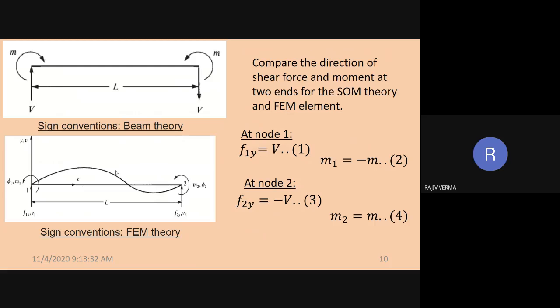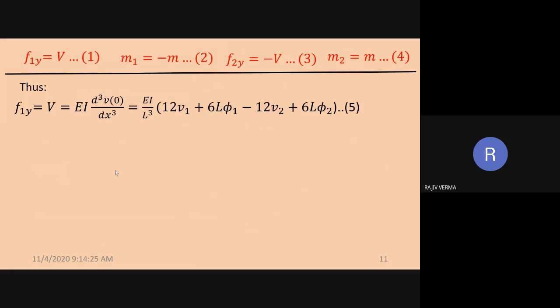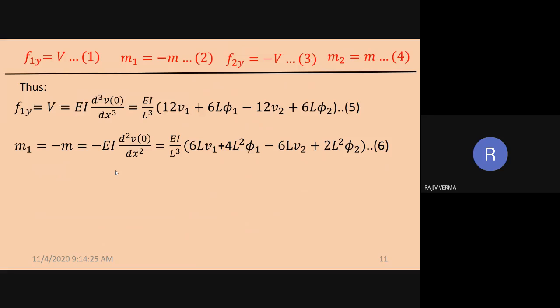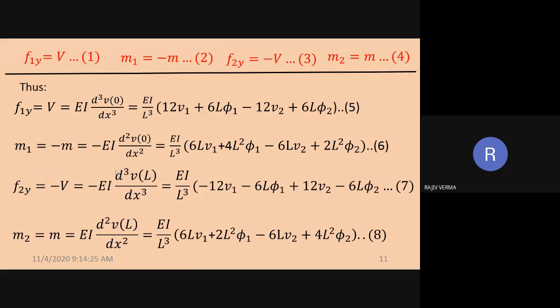These 4 equations obviously have been obtained using the sign conventions which are followed in the traditional beam theory and in the FEM theory. Now, depending upon these relationships, that is F1, F2, and F3 and F4, what we are going to get is equation 5, equation 6, 7, and 8.